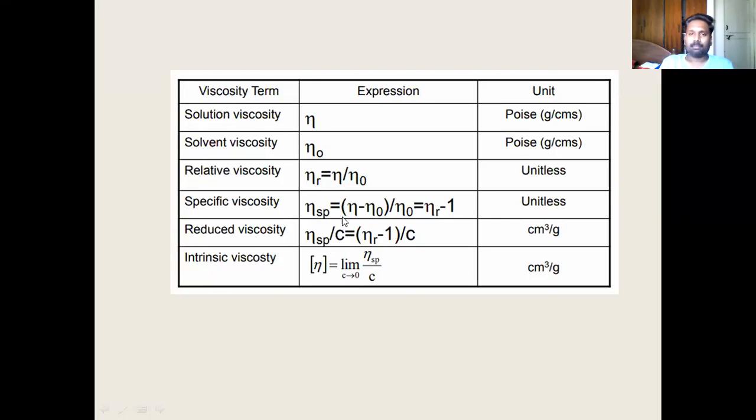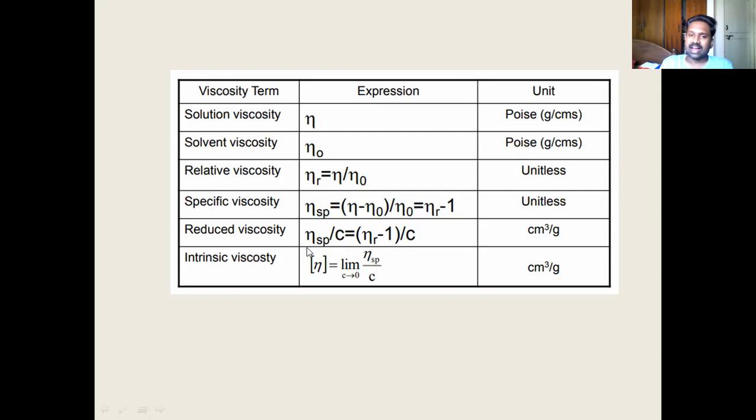In all these viscosity terms the concentration is still a factor. For the same solvent-solute combination, different concentrations of the solute always give different viscosities, but you can make it independent of concentration by dividing by the concentration. If you divide the specific viscosity by concentration, you get a term called reduced viscosity.